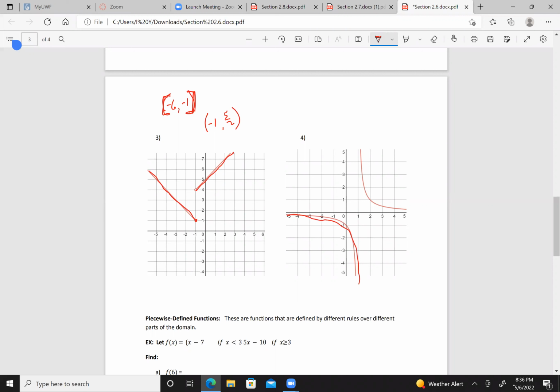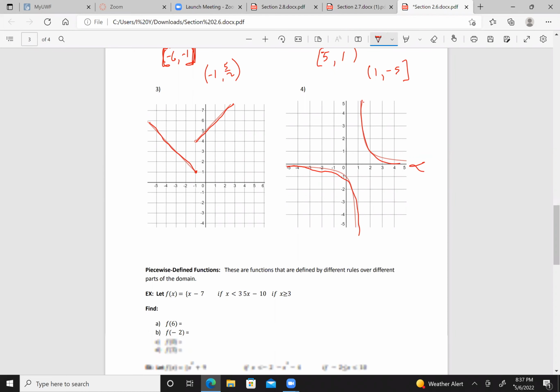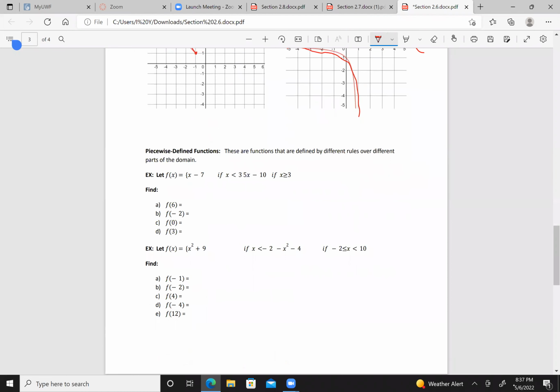It starts at -5 and goes to 1, but it doesn't reach 1. And here it starts at 1 and goes to -5. Again, I'm wondering if this is saying this continues to infinity. But you get the general idea there.